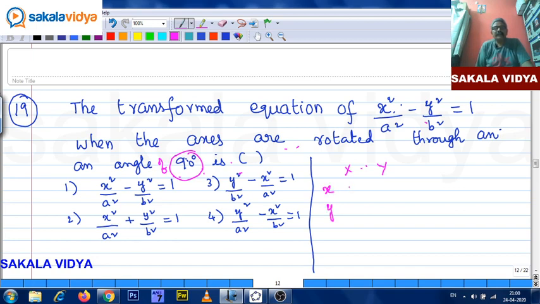Here cos 90 is 0, minus sin 90 is minus 1, sin 90 is 1, cos 90 is 0.